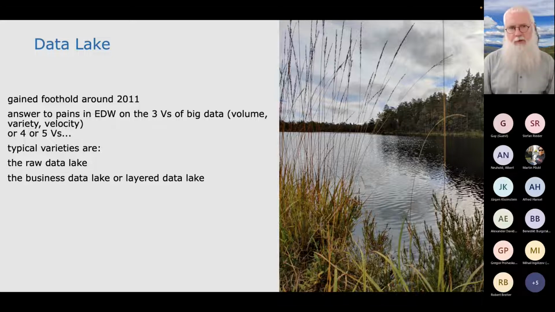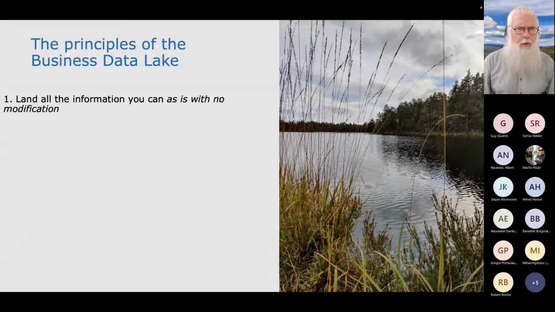And then you have the business data lake, or the layered data lake. And the layered data lake gives you various layers that have various transformation stages, which means that various users could access various layers and get the data they needed there without having to do a lot more work.